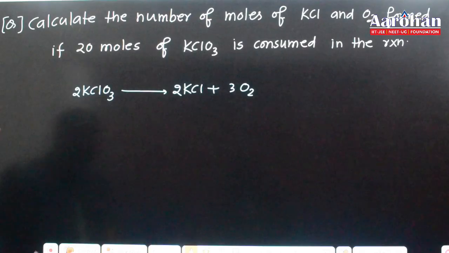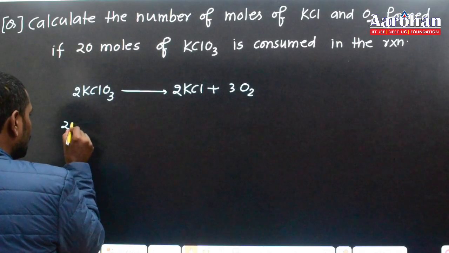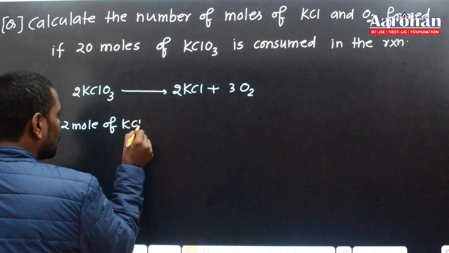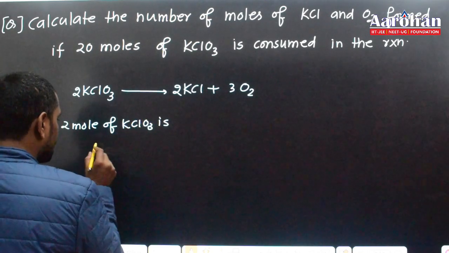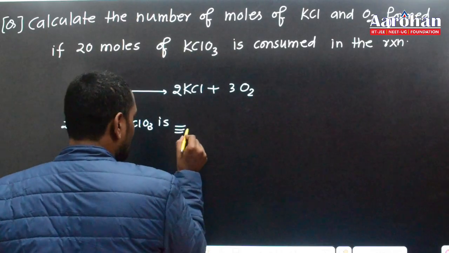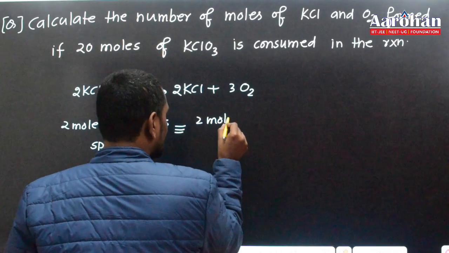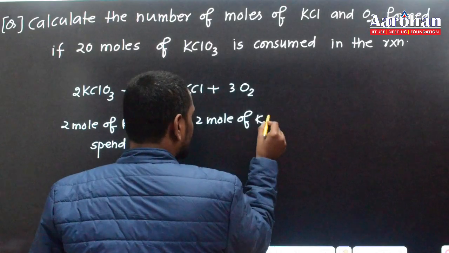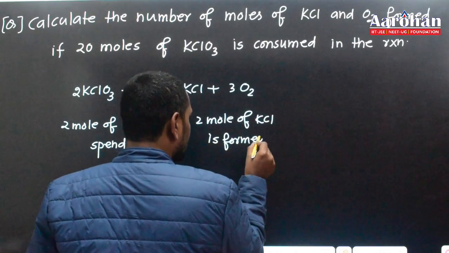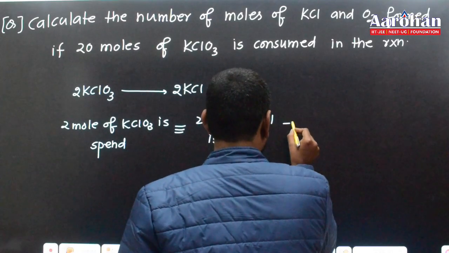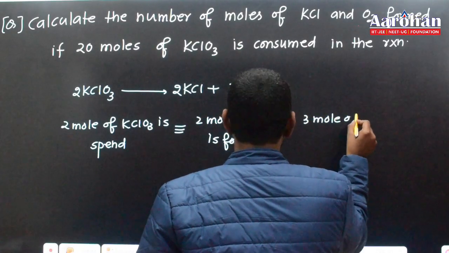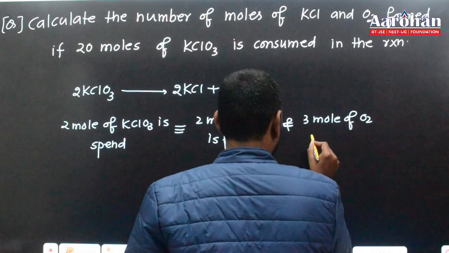And what I have told you, if 2 mole of KClO3 is spent, it means 2 mole of KCl is formed, and 3 mole of oxygen is formed.